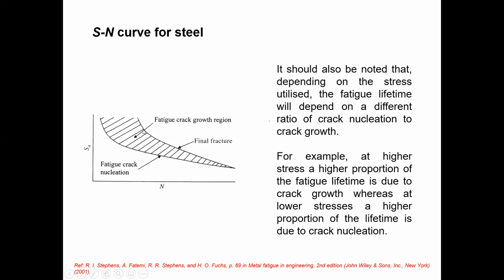Different kinds of material have different kinds of S-N curves. We will focus on steel, and steel also has a band, with an upper boundary and a lower boundary.